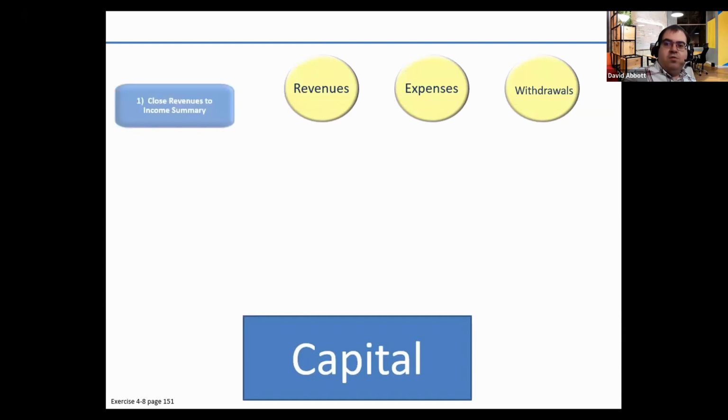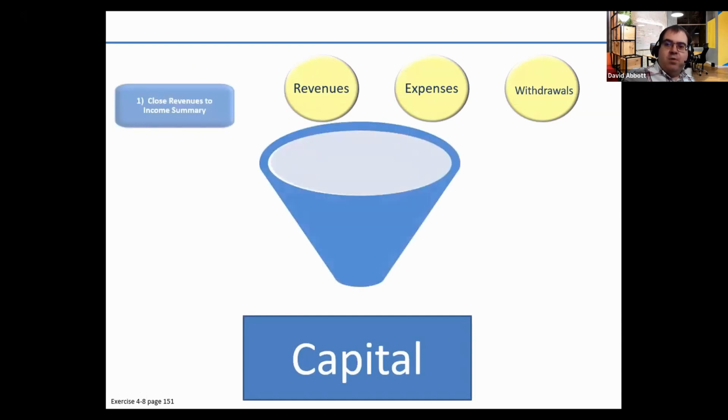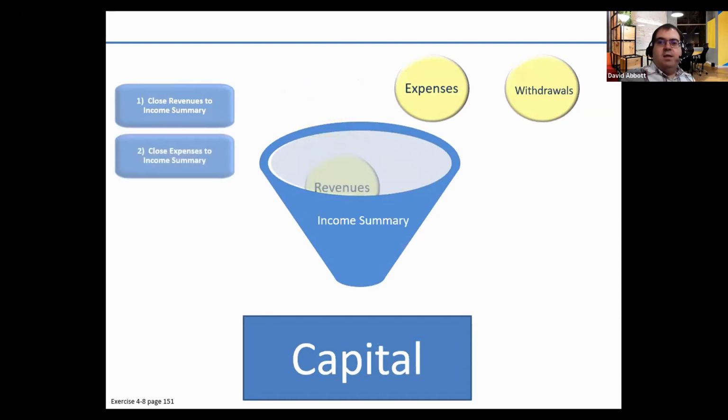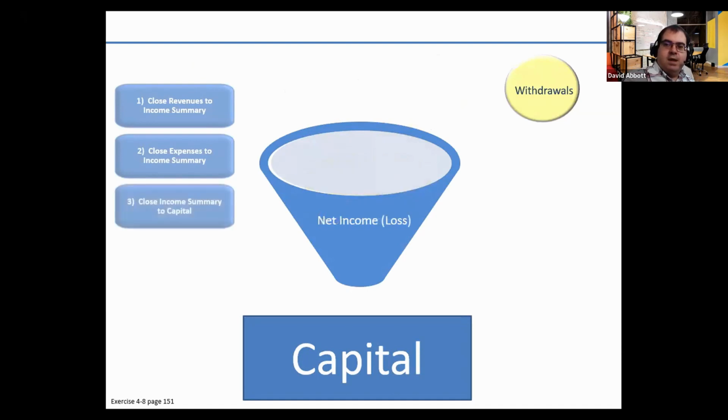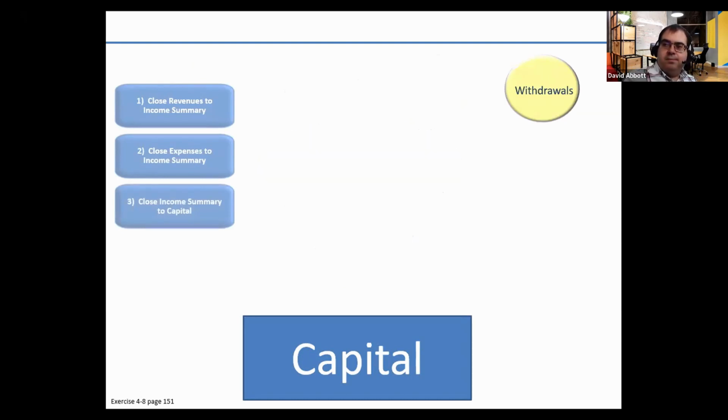We will close the revenues to the income summary. Then you have to close the expenses to the income summary. And then close the income summary to capital. And then close the withdrawals to capital.